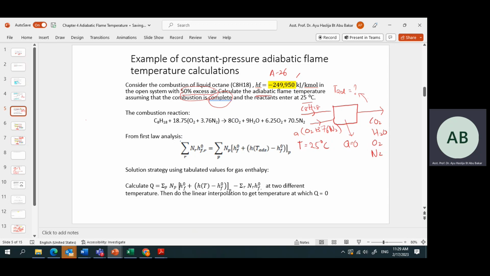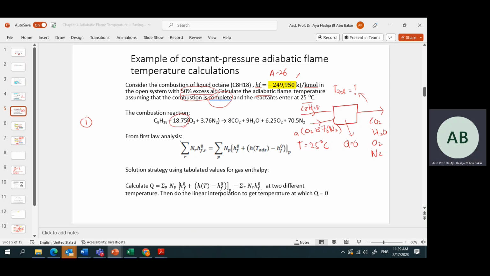First thing first, always generate the combustion equation. In your calculation, you must show this combustion equation. It will contribute some marks. So this is your fuel, liquid octane.